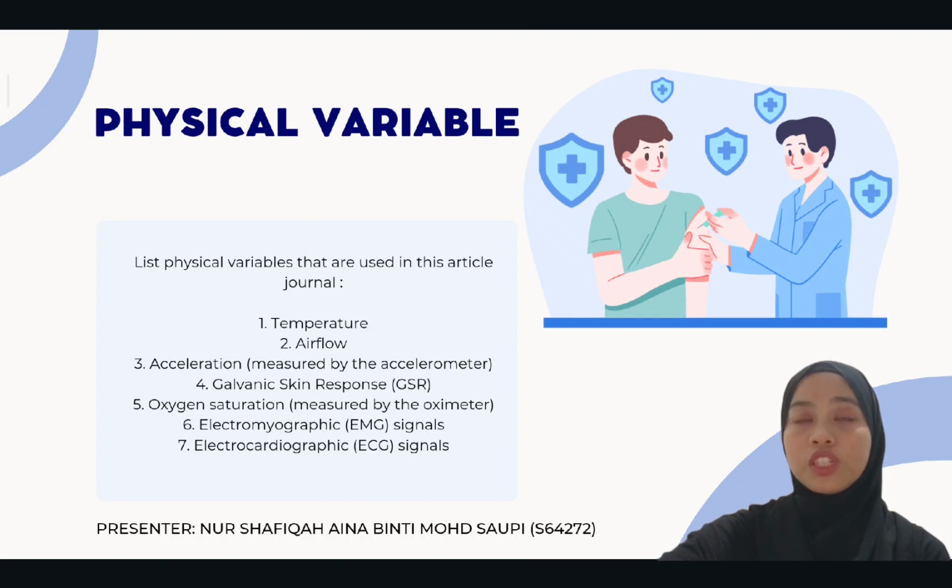Galvanic skin response (GSR) sensors measure changes in skin conductance, providing insights into stress levels or emotional states. Oximeters measure oxygen saturation levels in the blood, and electromyographic (EMG) sensors measure the electrical activity generated during muscle contraction, which can be used in various applications such as assessing muscle performance or diagnosing neuromuscular disorders.